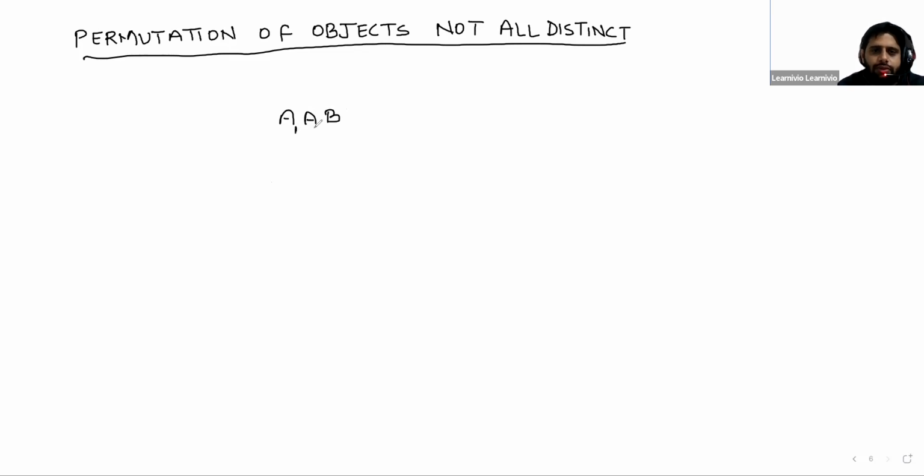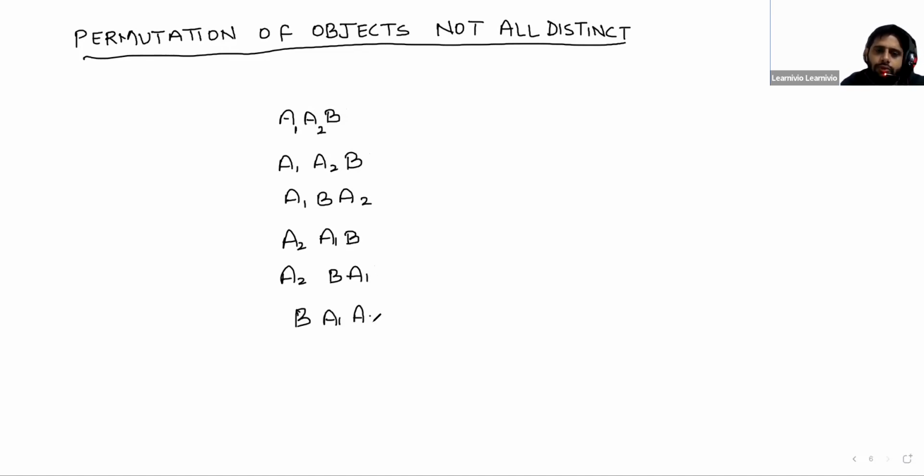So it is better if we will take A1, A2, and B, and finally we will remove this. Okay. So words can be formed A1, A2, B, then A1, B, A2, then A2, A1, B, then A2, B, A1, then B, A1, A2, then B, A2, A1. So normally these words can be formed, but now what can we do?